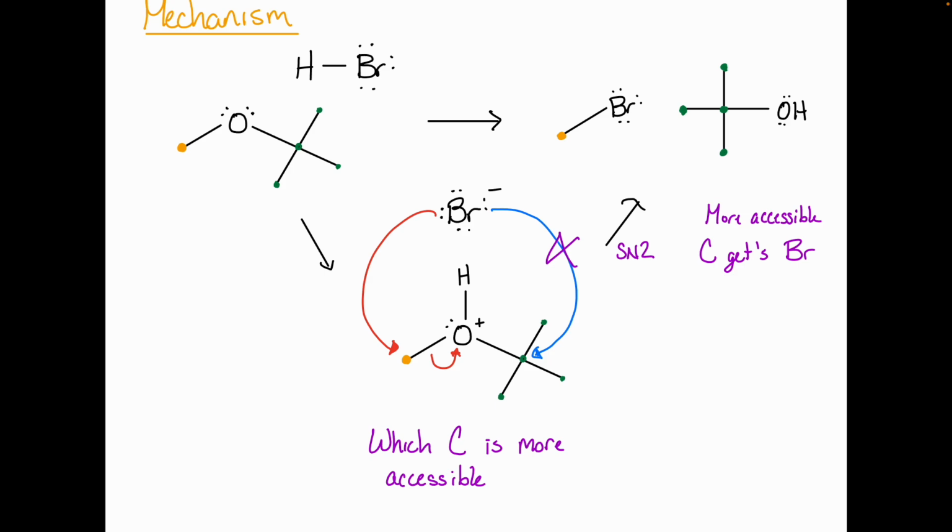All right, so we learned how to make symmetric ethers. How would we make something like this an asymmetric ether? All right, this is what's called the Williamson ether synthesis.